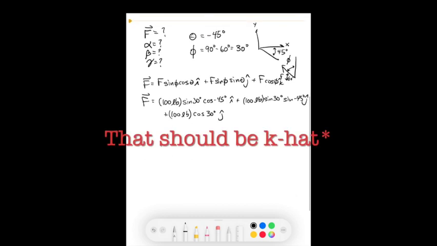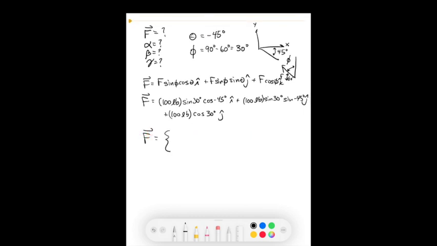So finally we plug in our numbers, and I will use these brackets here because I want to use my units, which are pounds. So I find that if I compute this, it's 35.4. If I compute this, I get negative 35.4, and that's in the y direction.